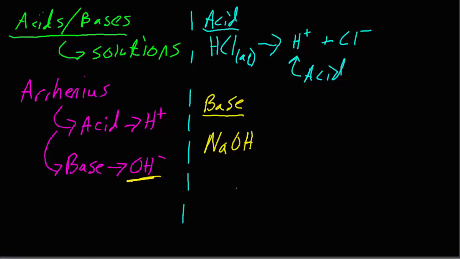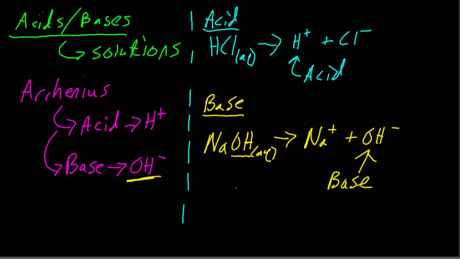When NaOH is in solution, let's put an aq next to it, it will dissociate into its two ions just like the HCl did. We've got a sodium ion, and OH is a polyatomic ion called hydroxide. So this will separate into two ions, Na plus and OH minus. And just like the H plus is the important part of the acid, the OH minus is the important part of the base.